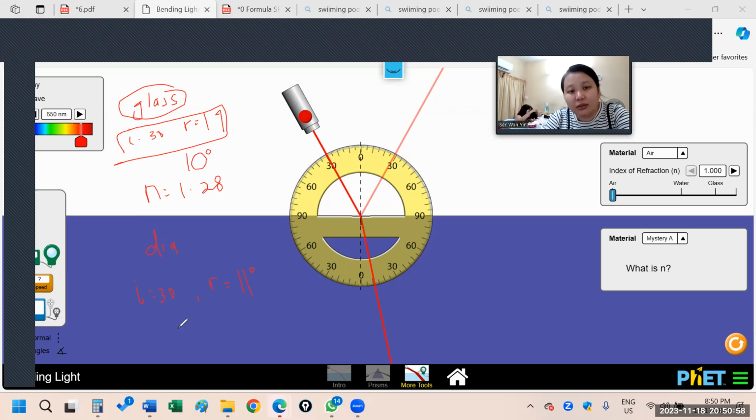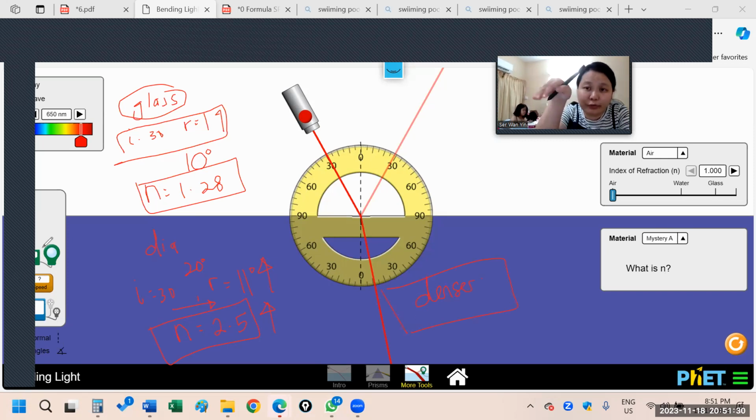A diamond has refractive index 2.5. That's why you can see it bends almost 20 degrees. So a bigger refractive index refracts more towards the normal, all right? A higher refractive index also means a denser medium, which means it will refract more.